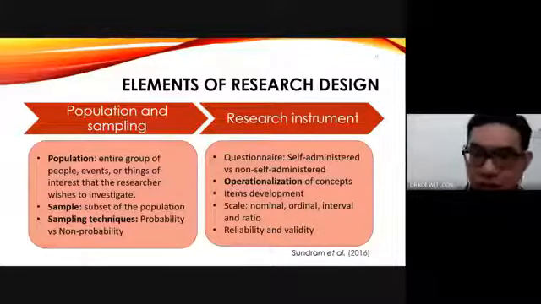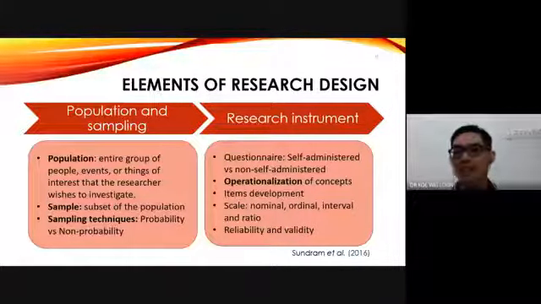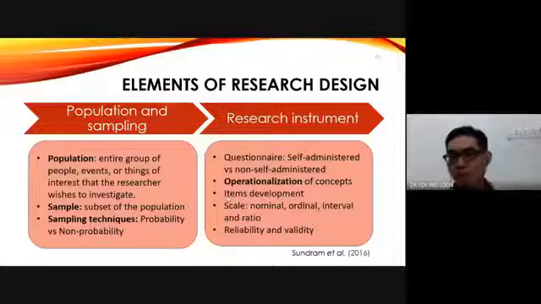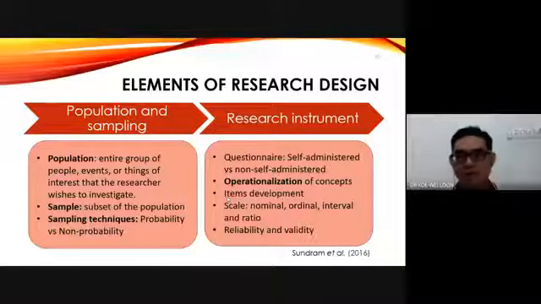And then in research instrument, you have to make sure that the items that you develop, items means questions, the questions that you ask, you adapt the questions from previous research. Don't create your own questionnaire. Normally undergraduate students will ask this question: why can't we create the questionnaire?